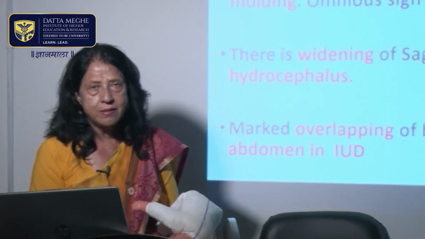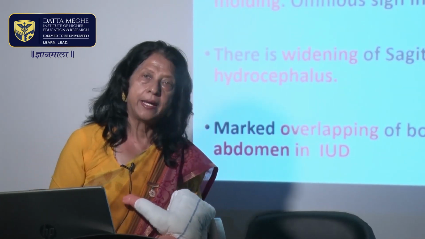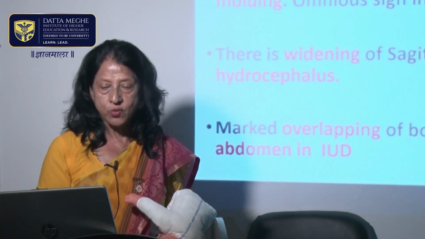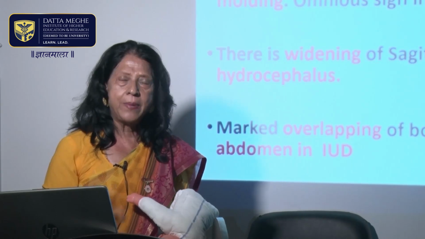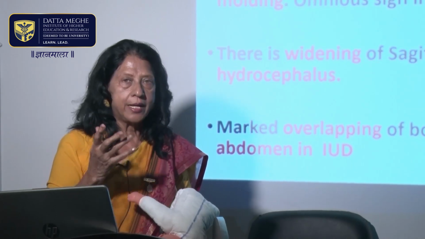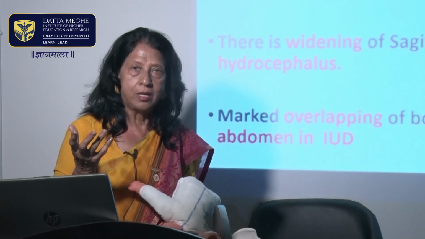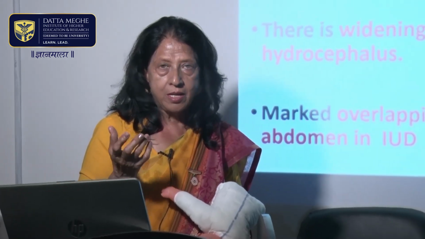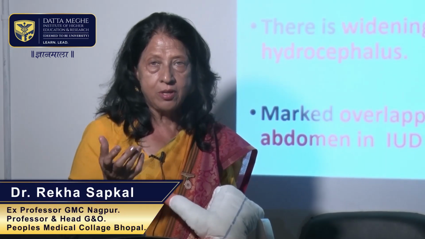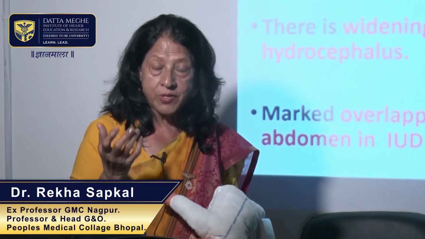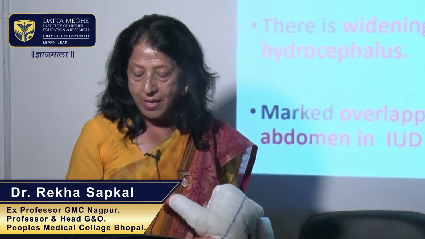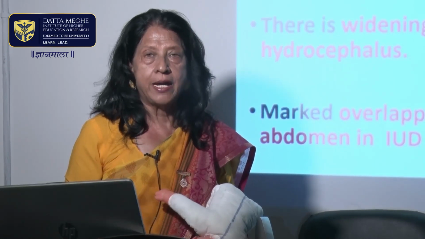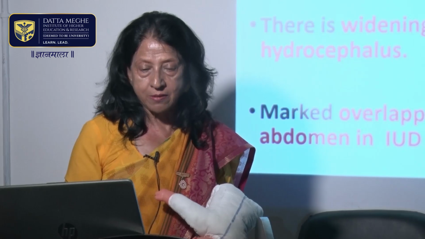Okay. There are certain pathological conditions I can also identify in relation to the sagittal suture. If there is a big caput over the sagittal suture and I cannot make out the sagittal suture at all, then it is an ominous sign, a bad sign. It is a sign of prolonged labor and obstructed labor also. There, immediate cesarean section is required, or the opinion of a senior consultant is required.